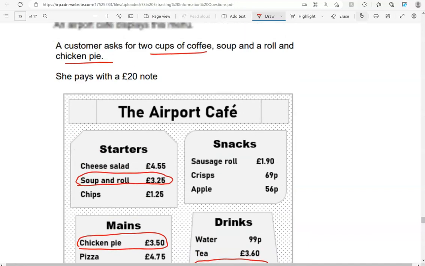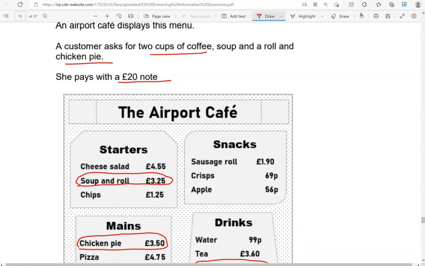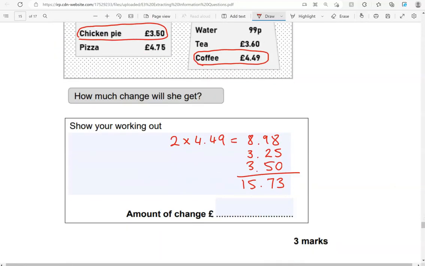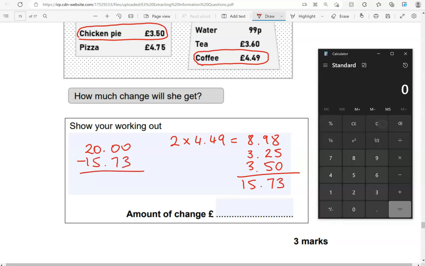She pays with a £20 note, so the change will be 20 take away £15.73. Which is £4.27.